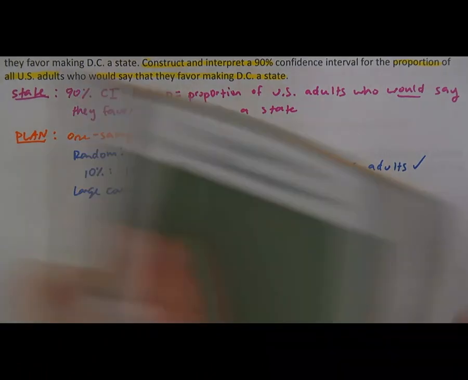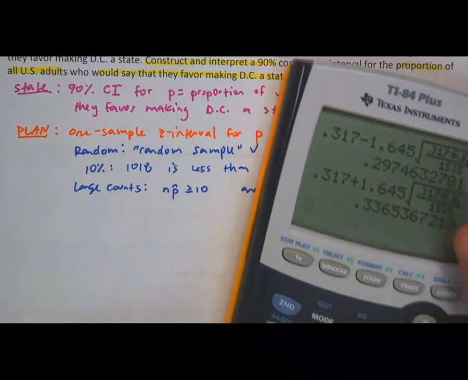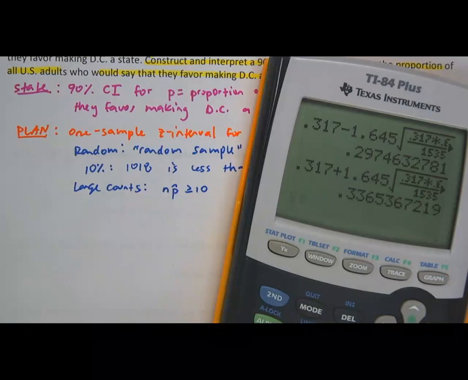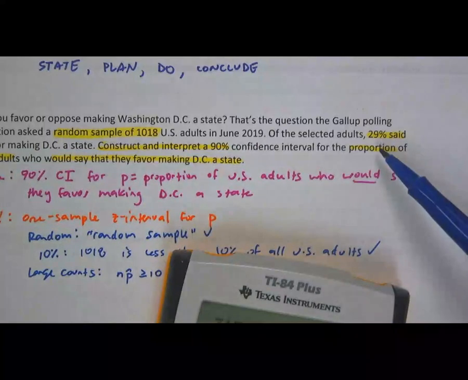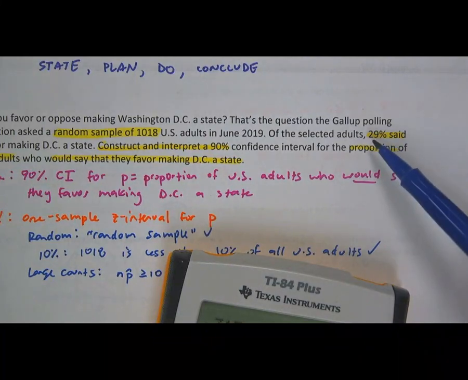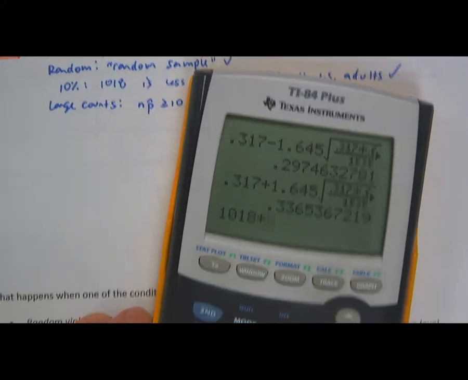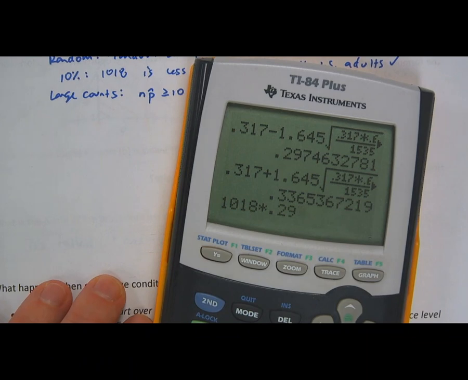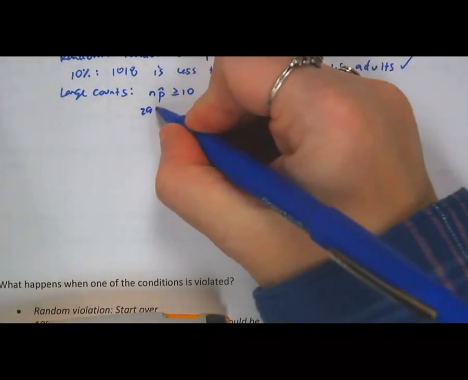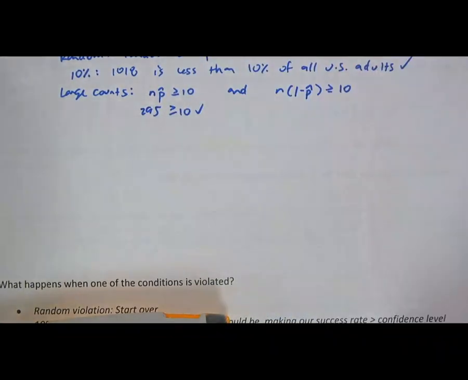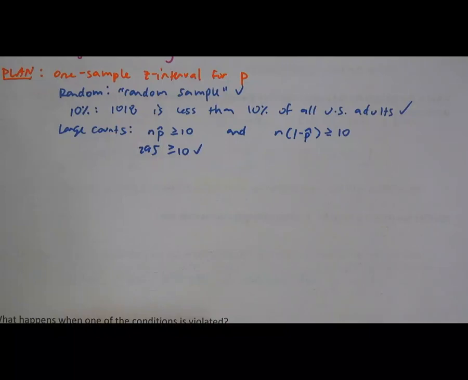The number grabbed in my calculator in the sample was 1,018 times the statistic, which this time we don't have to calculate. It said 29%, so 0.29 is p hat. And I get, we can round that to 295 successes. 295 people said that they would be in favor of DC becoming a state.